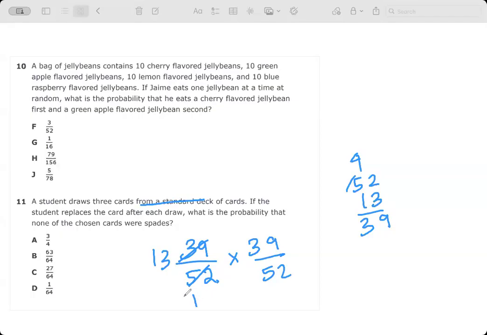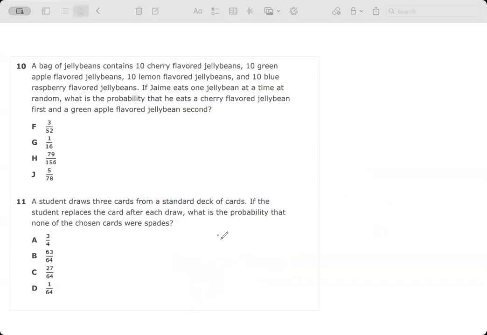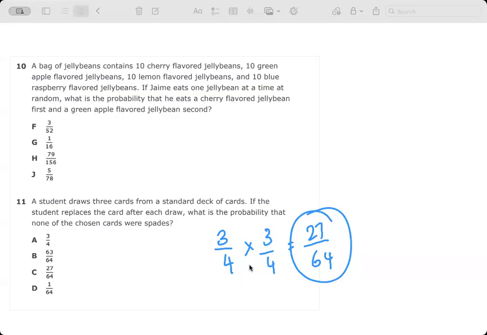How did you guys do this? It's 3/4 because you can divide by 13 on top and bottom. Yeah, 3/4. So 3/4 times 3/4 times 3/4, right? 27 by 64. Any questions?